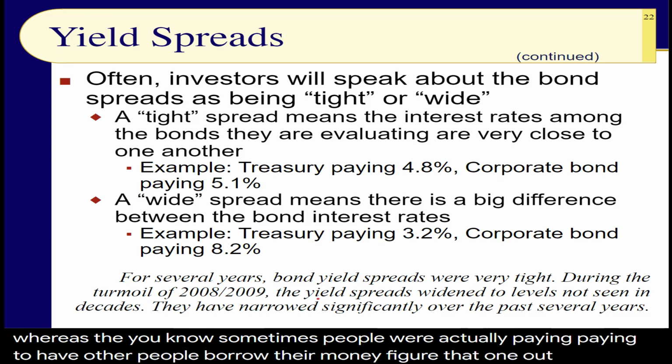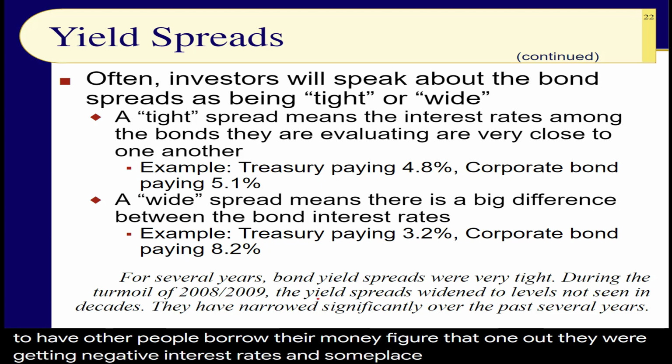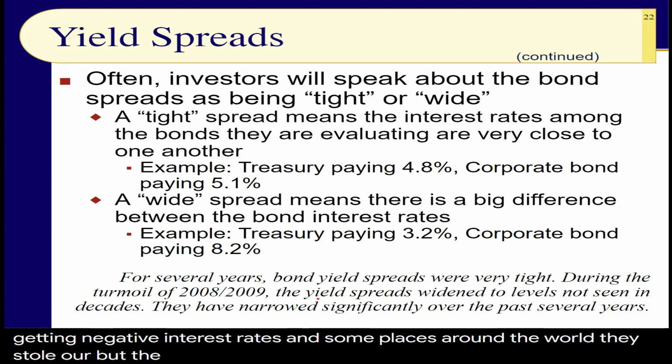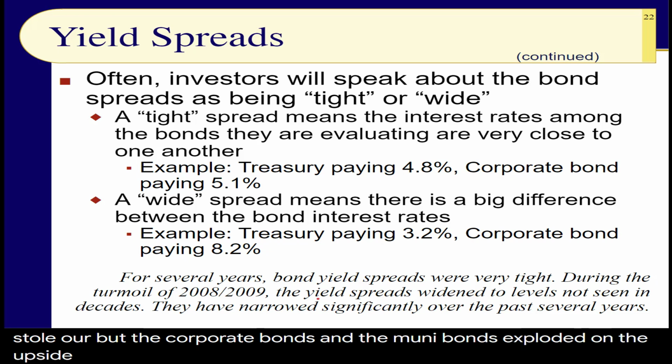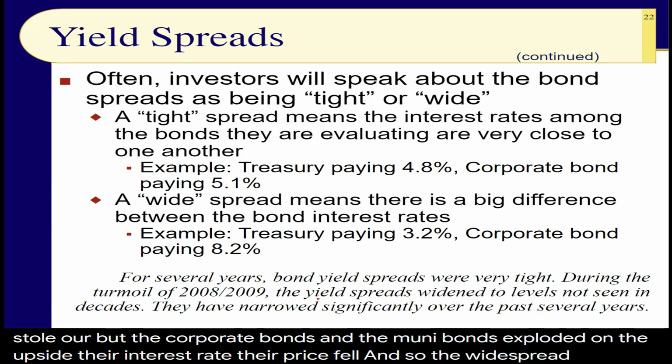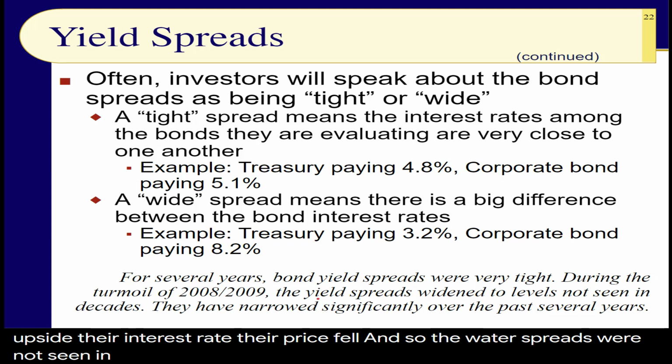Figure that one out. They were getting negative interest rates, and some places around the world they still are. But the corporate bonds and the muni bonds exploded on the upside. Their interest rate, their price fell like a rock because people were so frightened. So the spreads were not seen in generations.